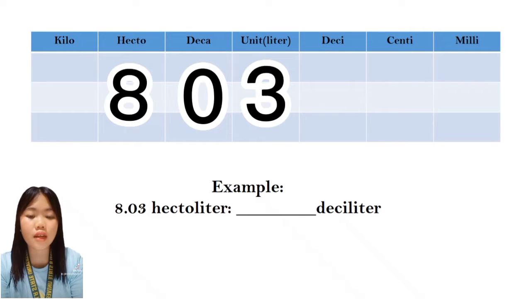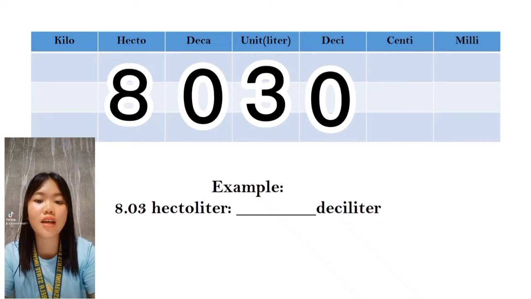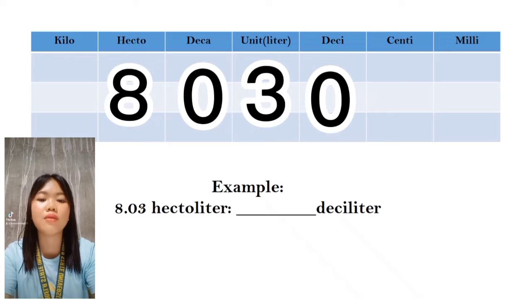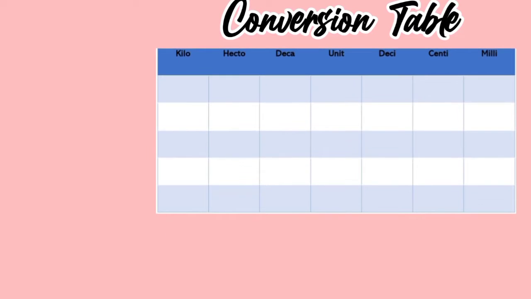Just like the other two, we put 0 on the following unit, which is deciliter. We don't have to put the point either. So the answer is 8,030 deciliter.